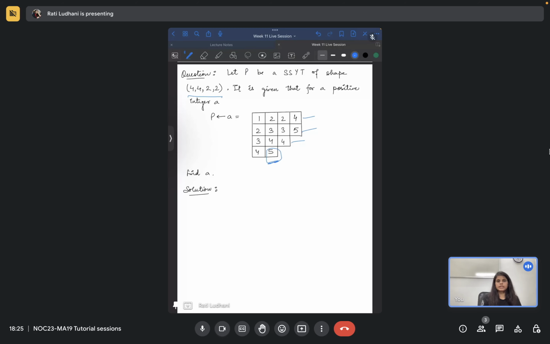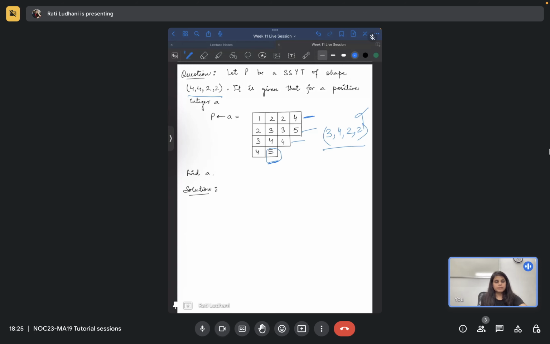There could be possibilities where this is not the case. For example, you cannot have 3 4 2 2, because it should be in the horizontal direction, a weakly increasing sequence, so this is not a possibility. If such possibilities are not there, then they might omit what P looks like.